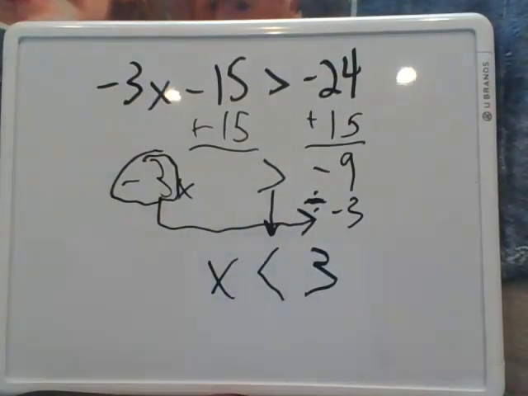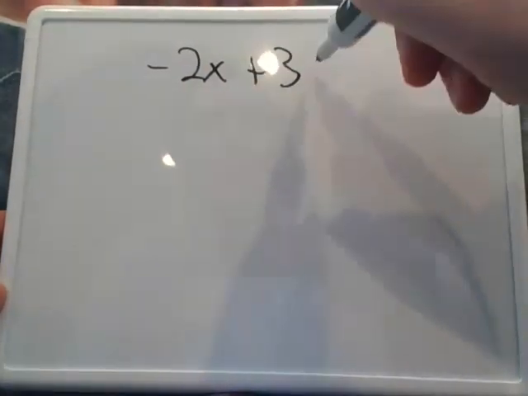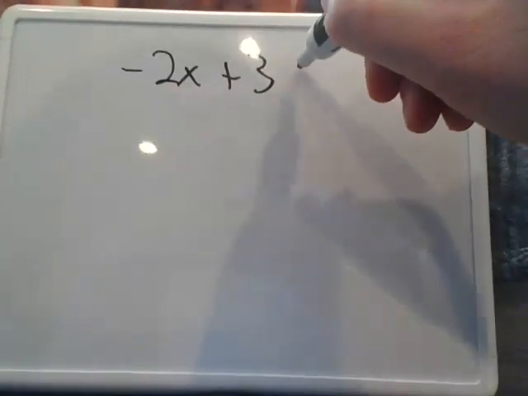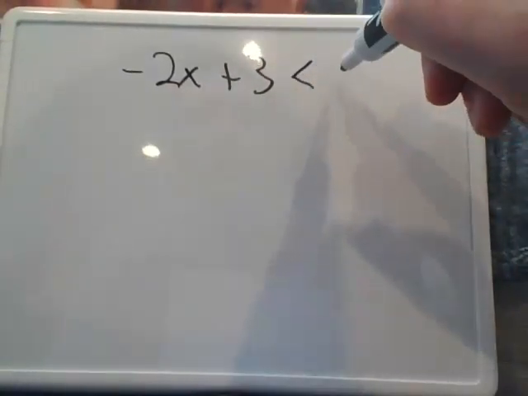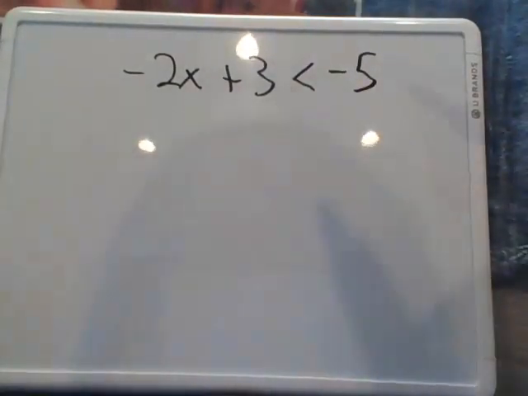Now, also on here is when you have the different graphs. So again, I'm going to just say negative 2x plus 3 less than, let's just say, negative 5. Okay.